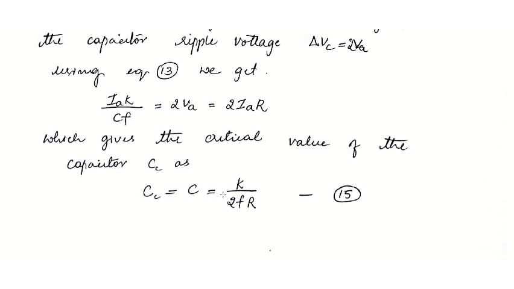C is equal to K by 2FR, where IA cancels in the above expression. So C is given by K by 2FR. Call this equation number 15.